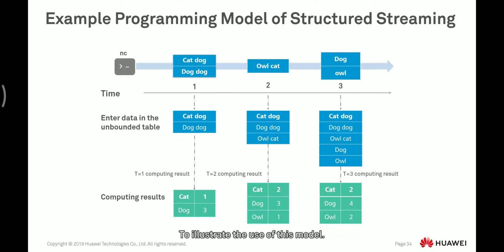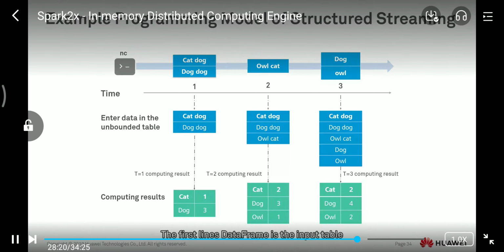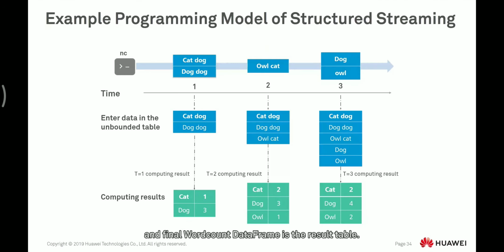To illustrate the use of this model, let's understand the model in the context of the word count example here. The first line's data frame is the input table, and the final word counts data frame is the result table. Note that the query on the streaming lines data frame to generate word counts is exactly the same as it would be for a static data frame.